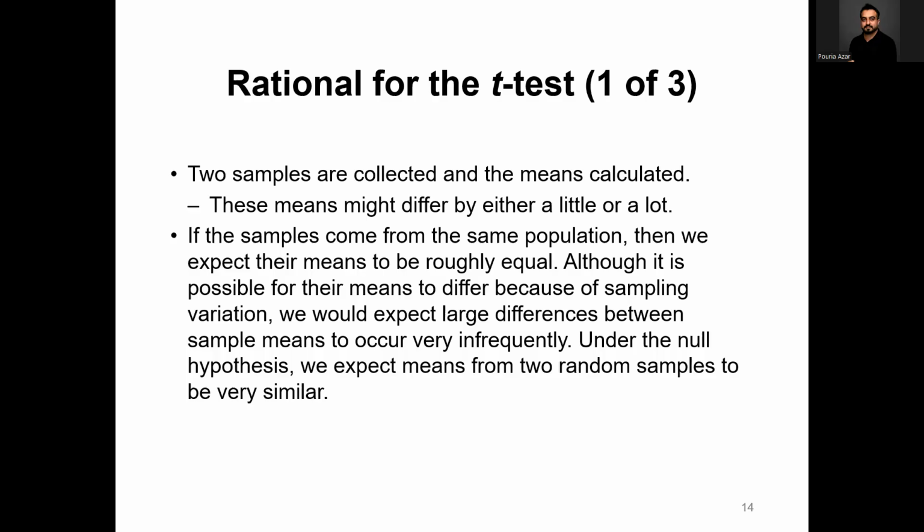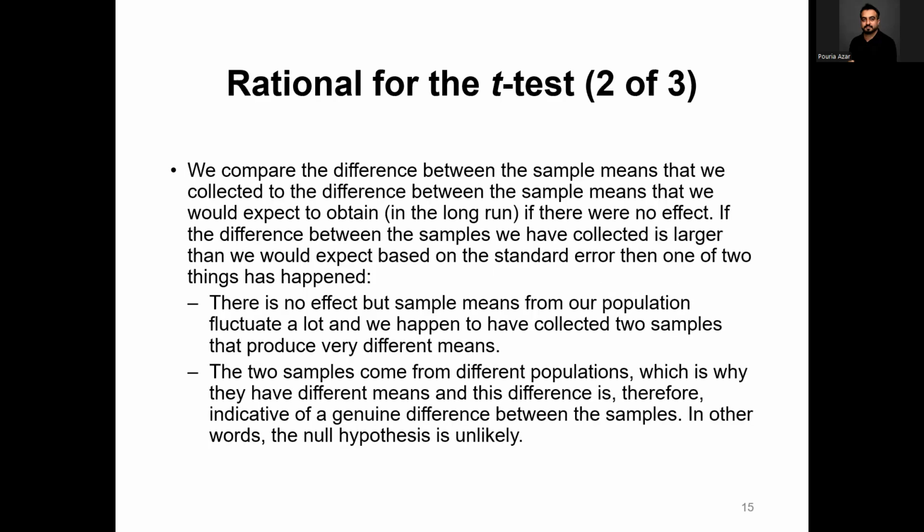If my samples are coming from the same population, I would expect that those means are going to be similar, are going to be equal. In the null hypothesis, I would say there is no significant difference in the mean of two groups.